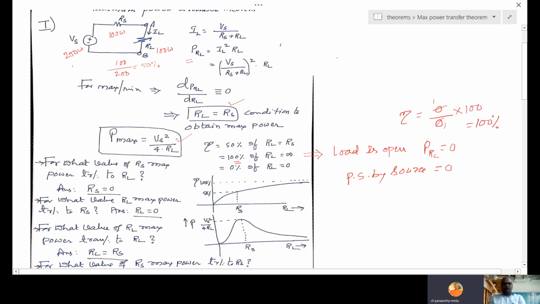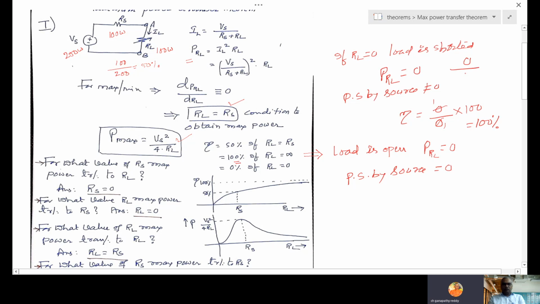If RL equal to 0, efficiency is 0. If RL equal to 0, the load is shorted. When the load is shorted, what is the power in RL? It is 0, since RL is 0. So the power transferred to the load is 0, and the power supplied by the source is not equal to 0.